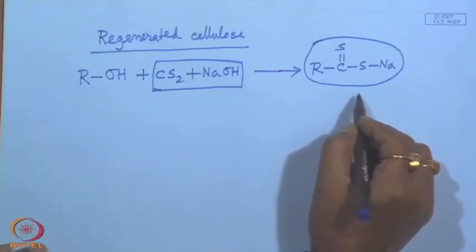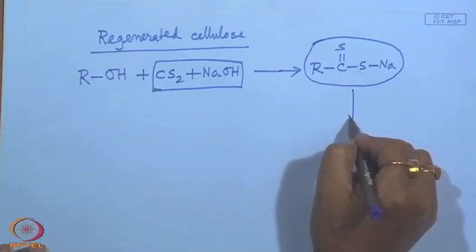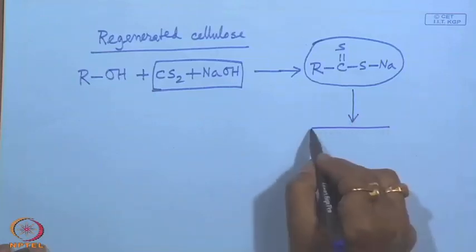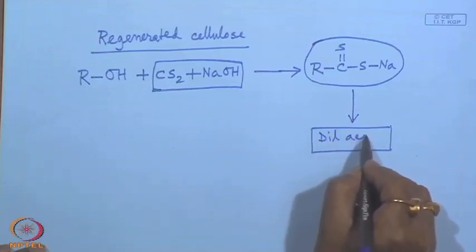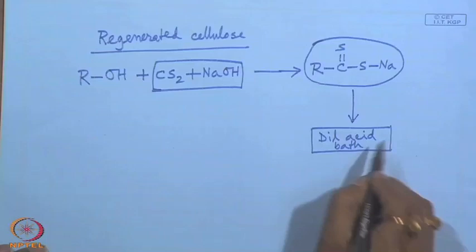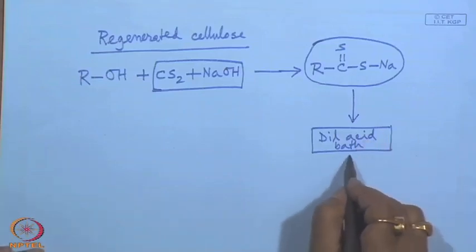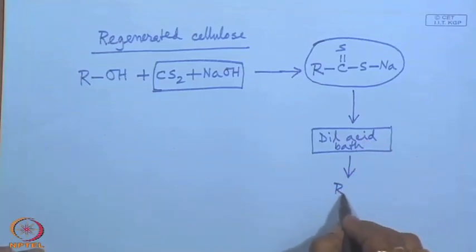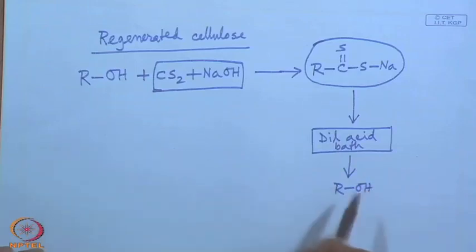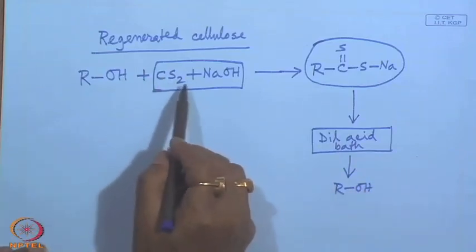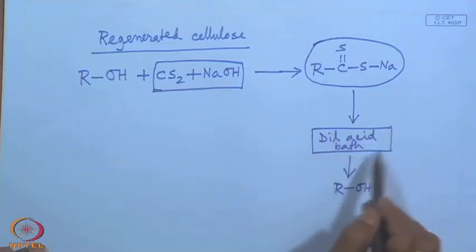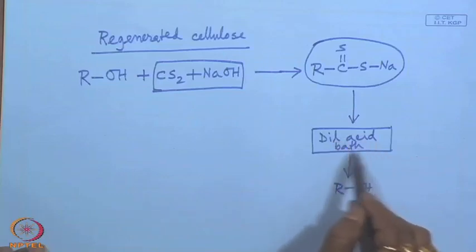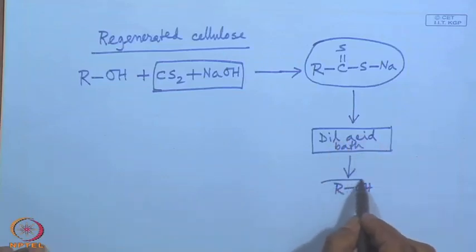It forms a viscous solution in water. Then, if it is put in an acid bath, say dilute sulfuric acid, cellulose will be regenerated. Now, this process of treating cellulose with carbon disulfide and sodium alkali and then reprecipitation in an acid bath gives back the cellulose.